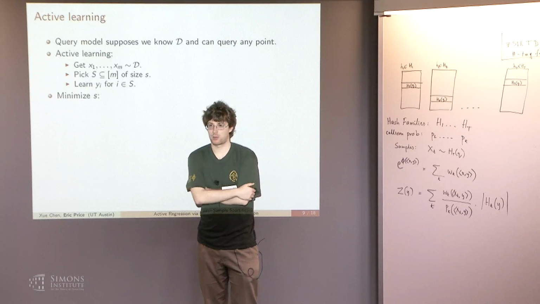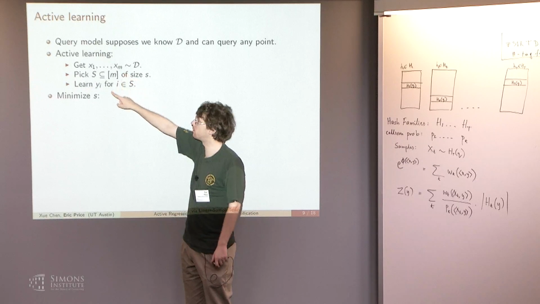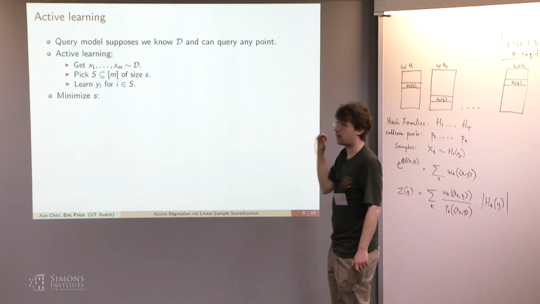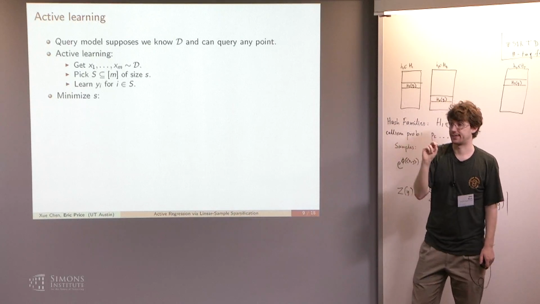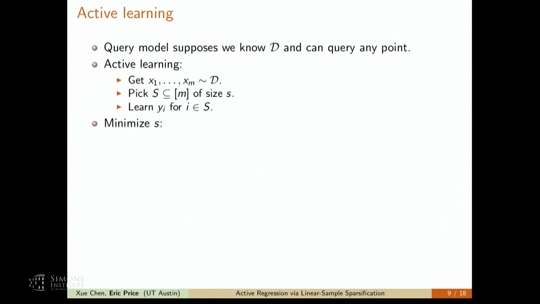There are two goals now, right? We want to minimize both the number of unlabeled points we need and the number of labeled points we need. Suppose you only cared about minimizing the number of labeled points. Well, we're going to choose infinitely many unlabeled points because there's no cost to it.